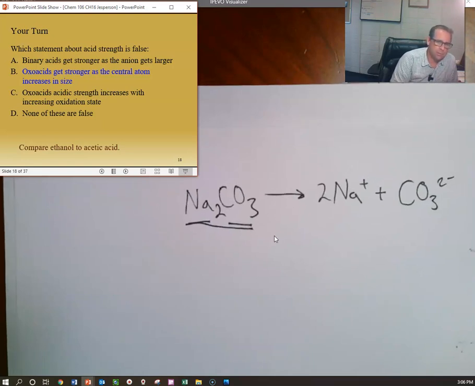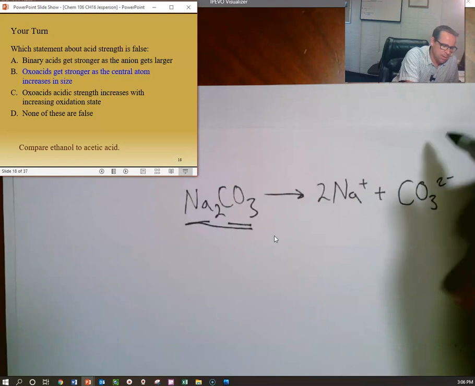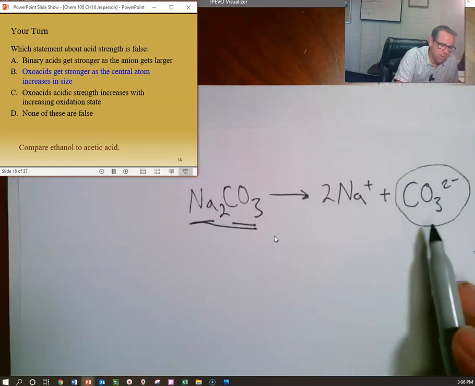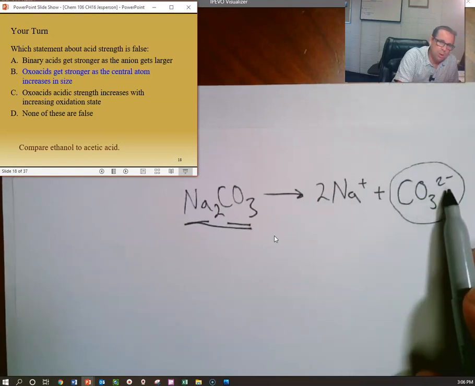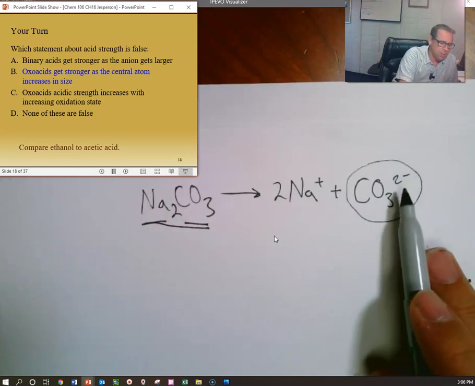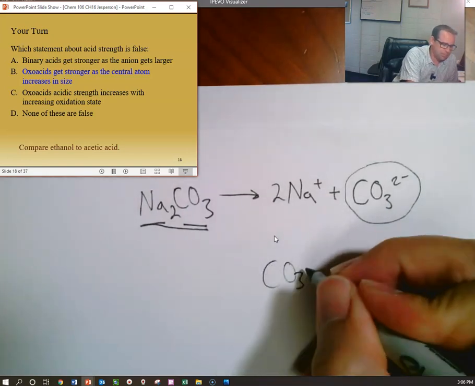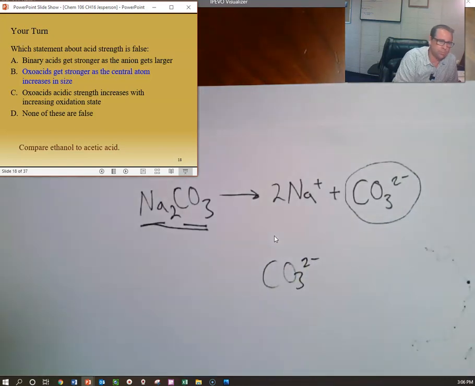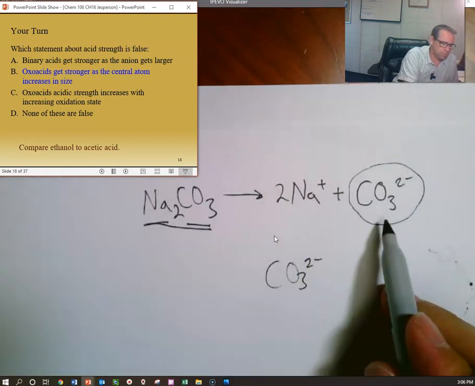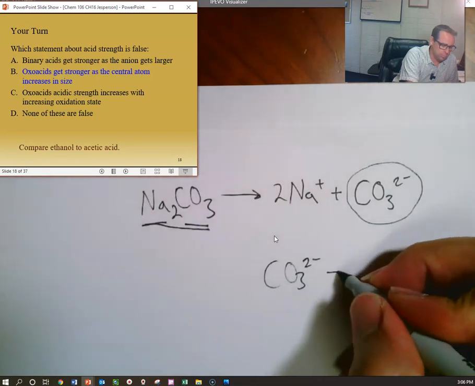Tell me, Brielle, see this compound right here, because of its negative charge, it could be a conjugate base, right? If this was a conjugate base, what would its conjugate acid be, Brielle? Would it be HCO3?